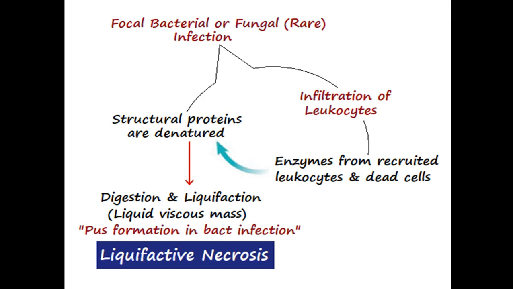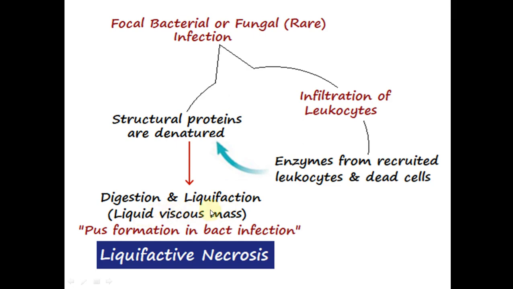What happens in liquefactive necrosis is that the structural proteins are denatured, as well as there is infiltration of the leukocytes, and the lysosomal enzymes derived from the dead cells as well as from the recruited leukocytes will cause digestion and liquefaction of the tissue, and will result in the formation of a liquid viscous mass.